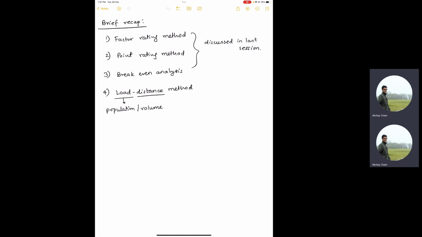Whereas if you are a manufacturing company with m factories and n warehouses where the output of the factory is supposed to go, you'll call it the volume distance method, because then the volume of your finished goods is the criterion. So first we'll talk about this load distance method. Let's take one example so that it will be clear.